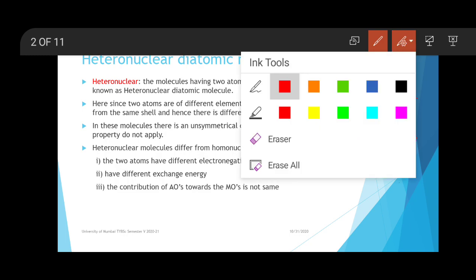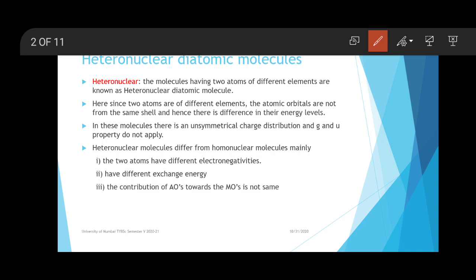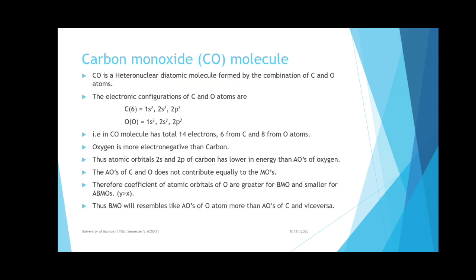Now quickly we will take the first example for the study, and that is carbon monoxide, the CO molecule. How many of you know carbon monoxide? You know carbon dioxide and carbon monoxide; these are gaseous molecules formed when there is combustion of fuels.